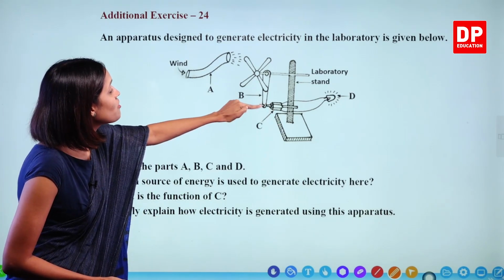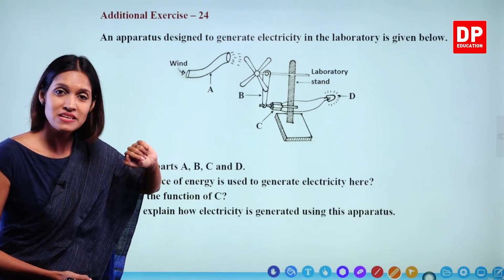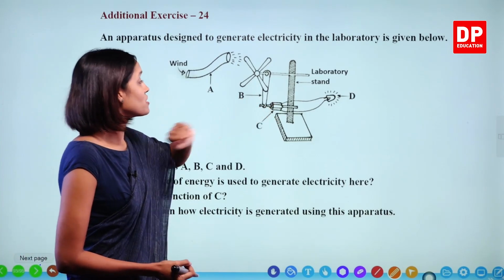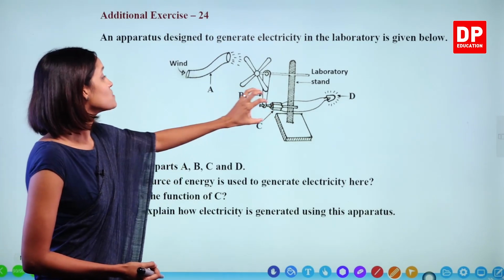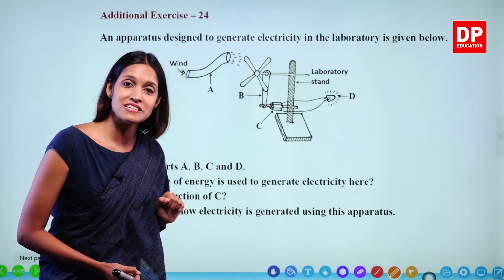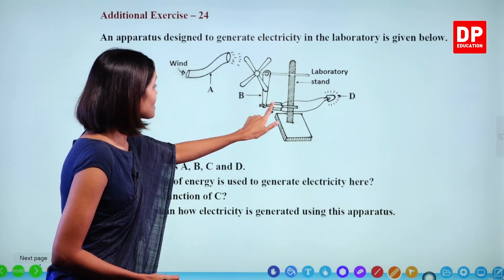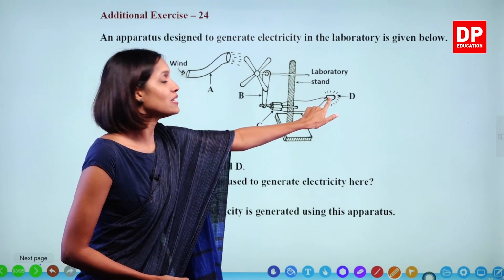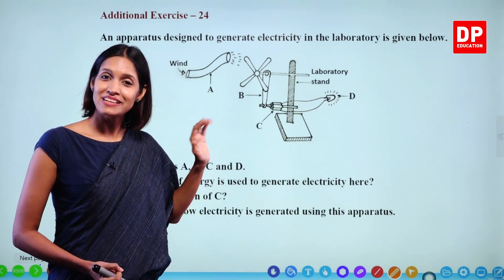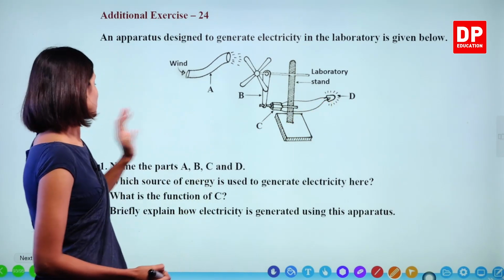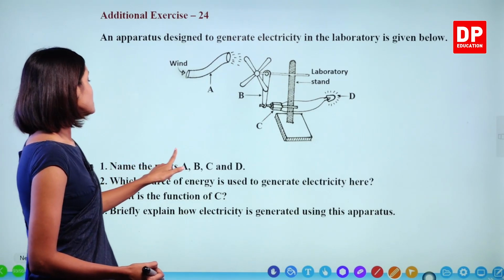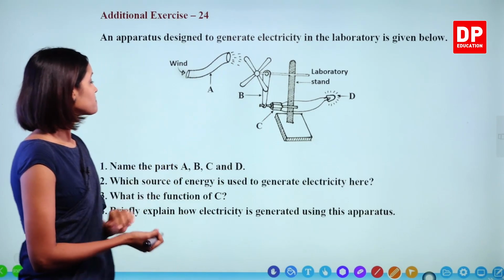So the axle of the motor also rotates. When the axle of the motor rotates, what happens, children? The small motor can generate electricity. So because of the electricity generated, you can illuminate this bulb. Understand, children?